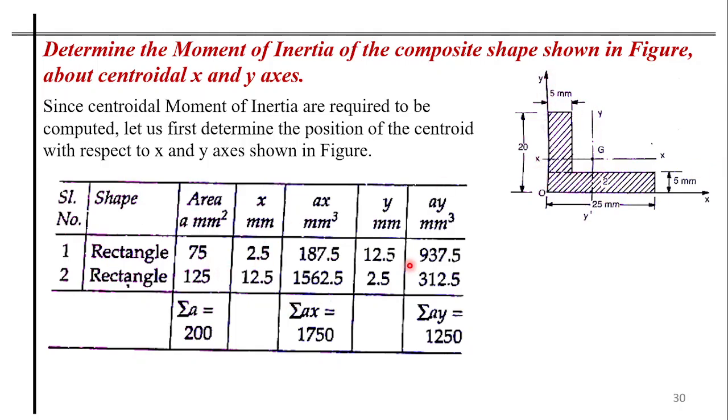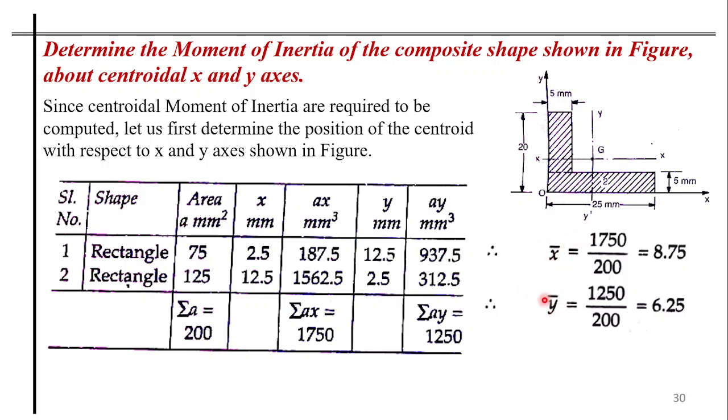Those values we have calculated, you just multiplied them, and you got the summation values, because these two areas are getting added up. You are going to get the x bar and y bar values, the way you can identify the location of the centroidal axis. Now I need to identify the moment of inertia about this axis.